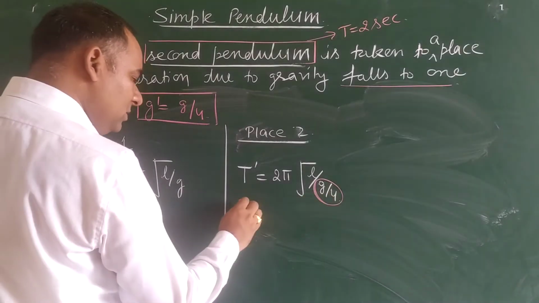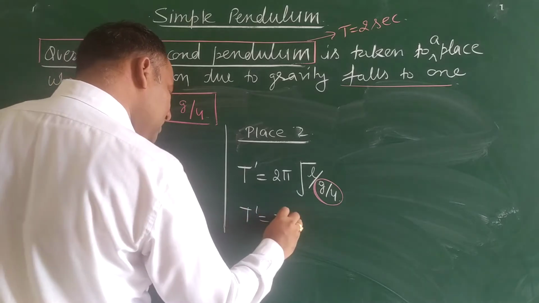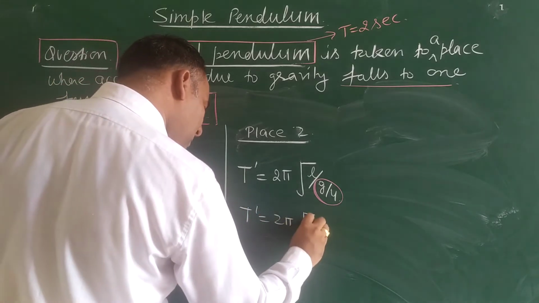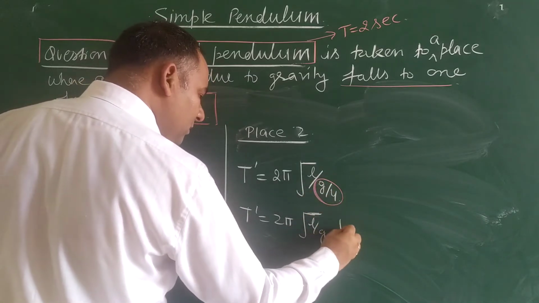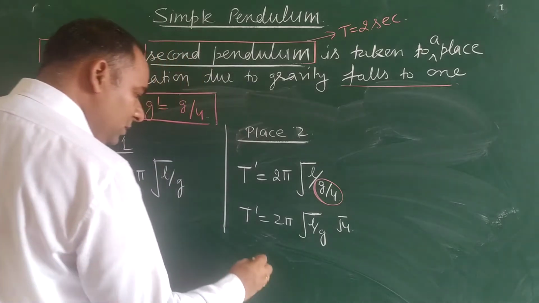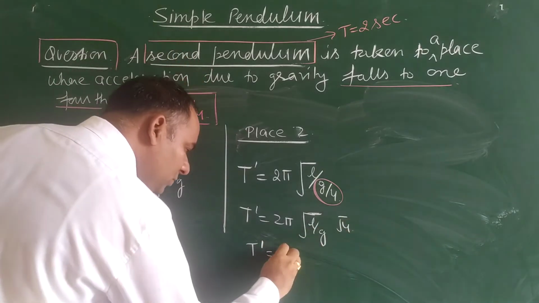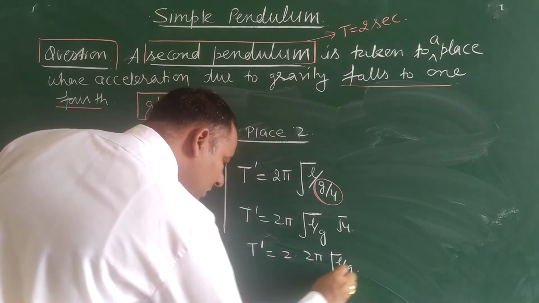So to solve this, t dash is equal to 2 pi under root L upon g, and this 4 comes in the denominator under the root. Therefore t dash is equal to under root 4, which is 2, into 2 pi under root L upon g.